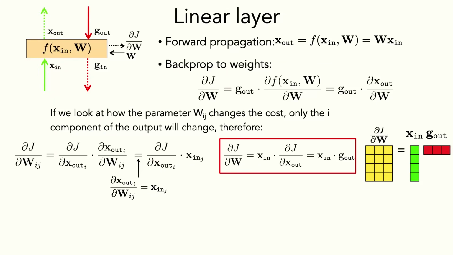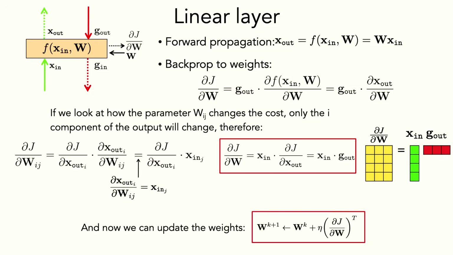That means the following: when you want to calculate the update to the weights, all you're doing is multiplying the input to the function by the output gradient. Again, it's a really nice simplification that comes out just because everything is linear. Then when we want to update the weights, you're literally just taking eta, transposing this, multiplying it, and adding it into the weights.